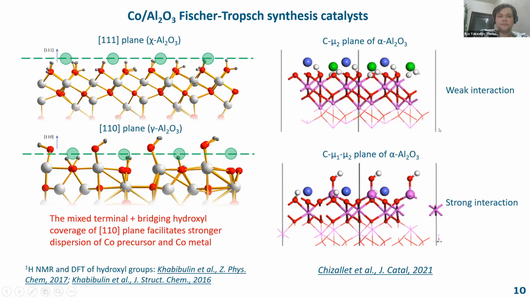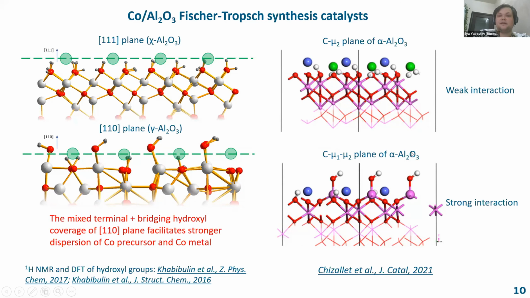And from the models that we used in the article of Chezalet and the models that we used earlier to predict the chemical shifts of different types of metastable aluminas, we see that the surface of K alumina represents the C mu2 plane of alpha alumina, and the 110 plane, which is dominant for gamma alumina, looks like the C mu1 mu2 plane.